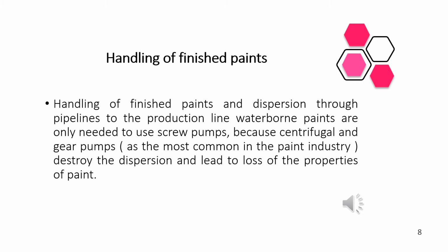Centrifugal pumps are used in the paint industry as well as in the mining, chemical, petroleum and many other industries, because they are used to induce a flow or to raise a liquid from a low level to a high level.